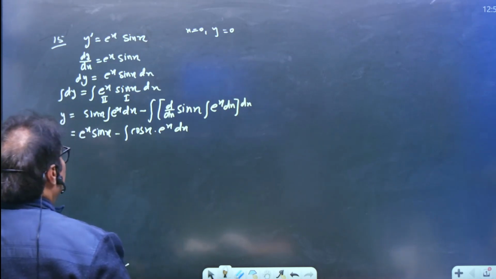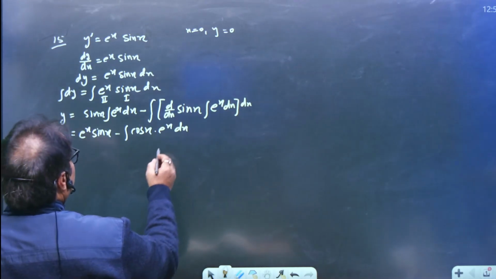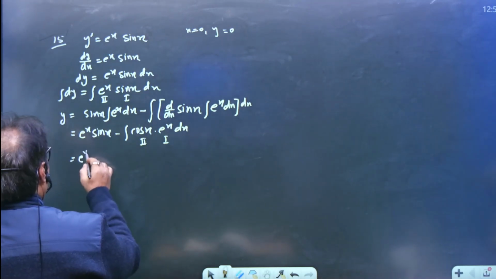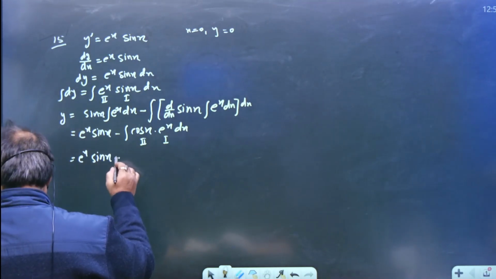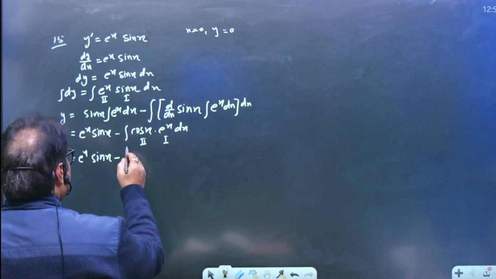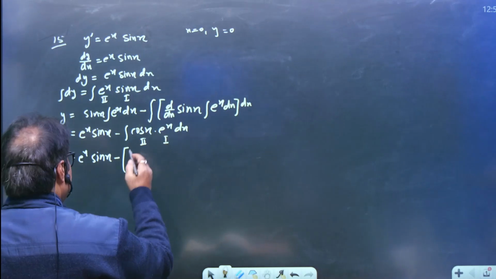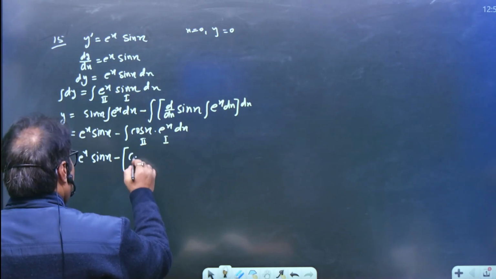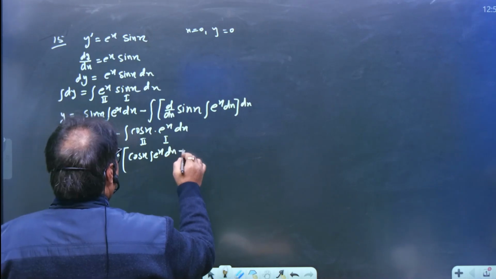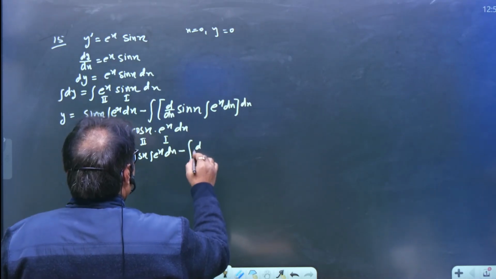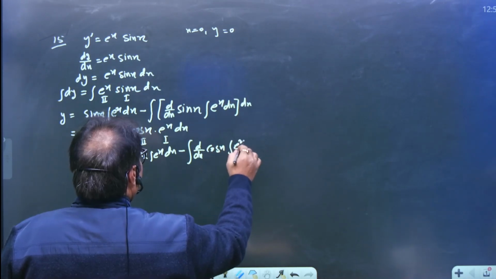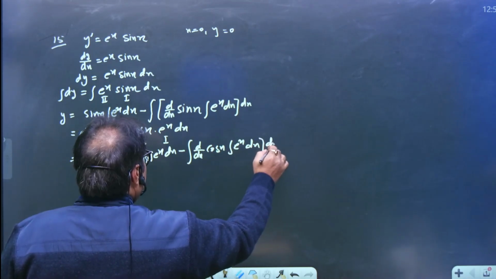So again applying the integration by parts. This is first and this is second. So e to the power x sine x minus, this can be written as cos x into integration of e to the power x dx, and minus integration of d by dx of cos x into integration of e to the power x dx, and dx.